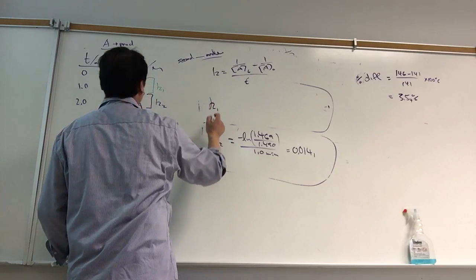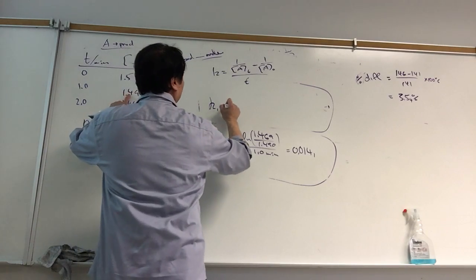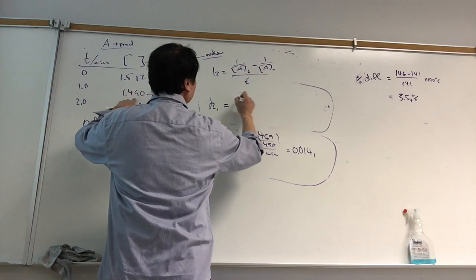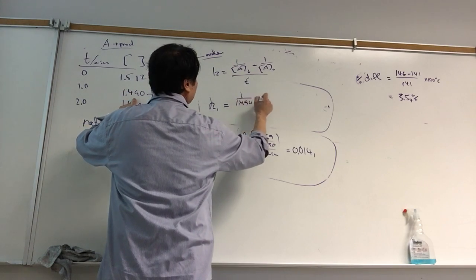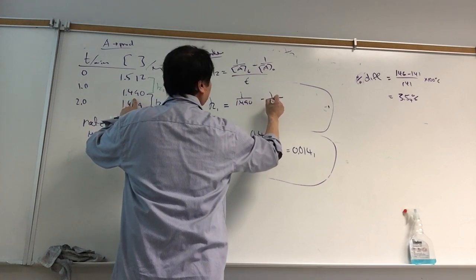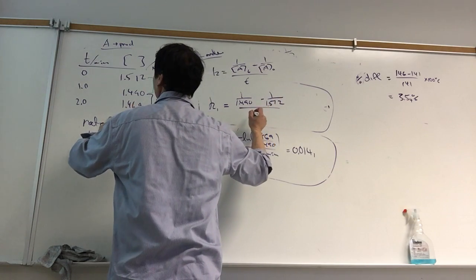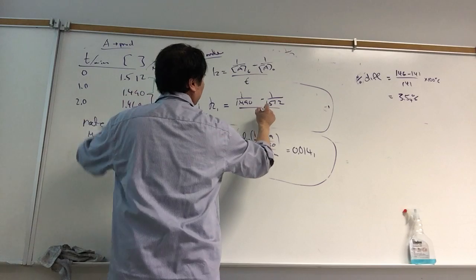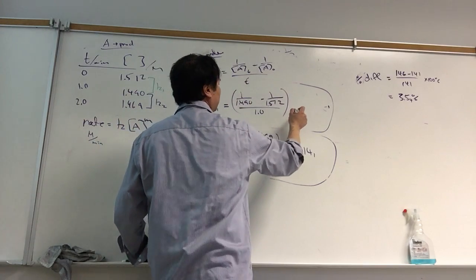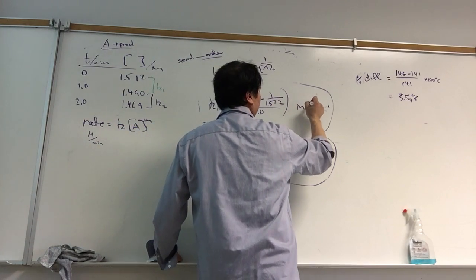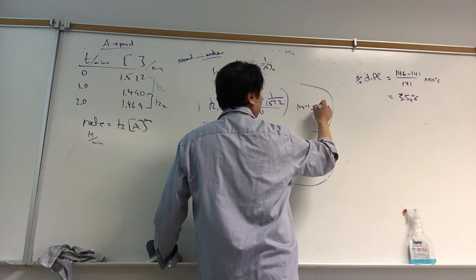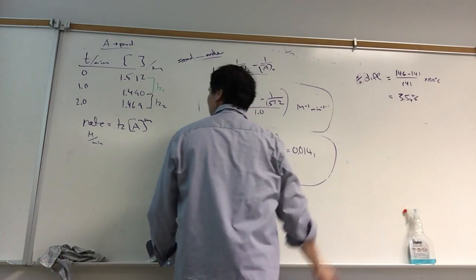So you'll need the invert key on your calculator. So we're going to have 1 over 1.490 minus 1 over 1.512, divided by the time interval. Time interval here is only 1.0 minutes. And so the units here are different.